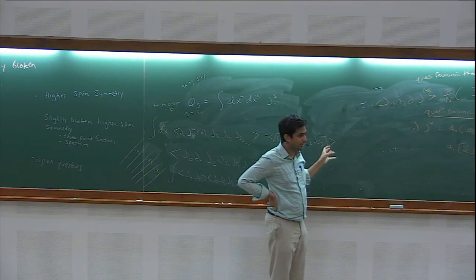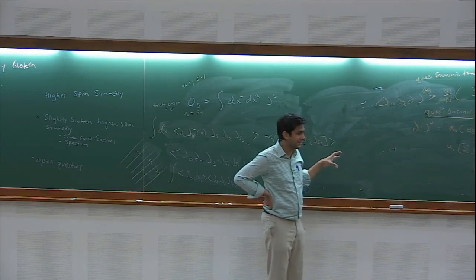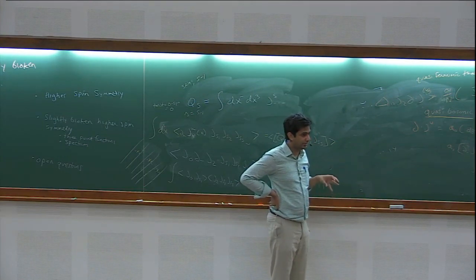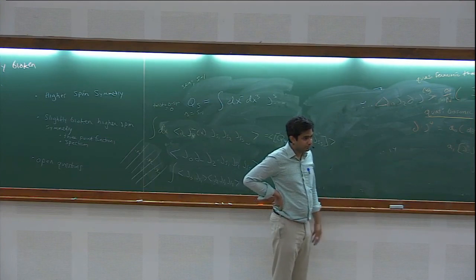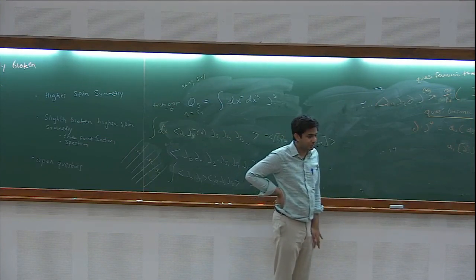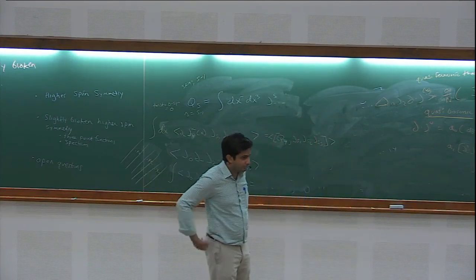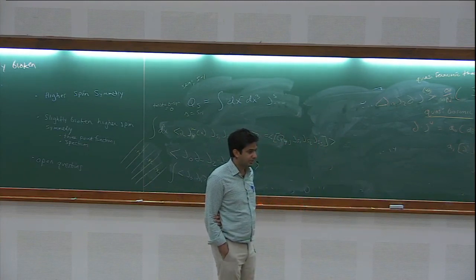So if you have again one stress tensor and it's non-interacting, the guess is you will not have any slightly broken higher spin symmetry. If you have a supersymmetric theory, it may be possible. But this is the guess. It's not a claim so much, but an expectation.